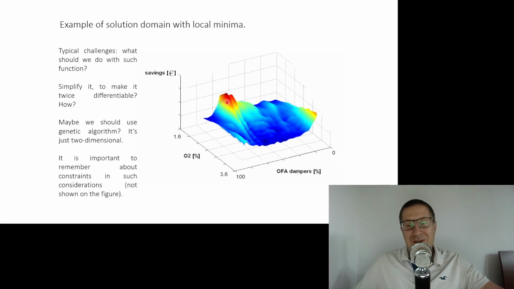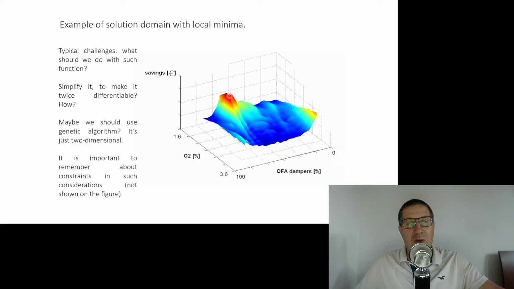This is not the real shape of the savings function, but let us pretend that it looks like this. So we have two peaks. We should work with low oxygen and high opening of OFA dampers. There is a valley and another peak, also a good solution, but this one is better. And of course, it doesn't look like this in the combustion process. It's nonlinear, but without such valleys. But there are cases when we can see such an objective function.